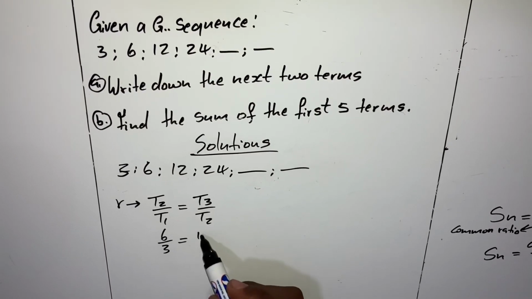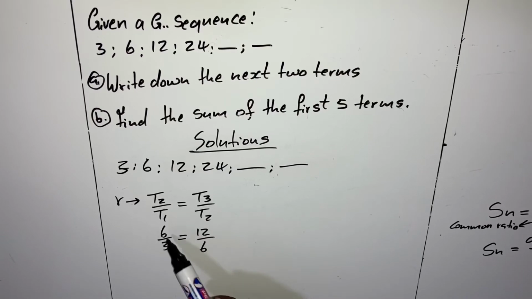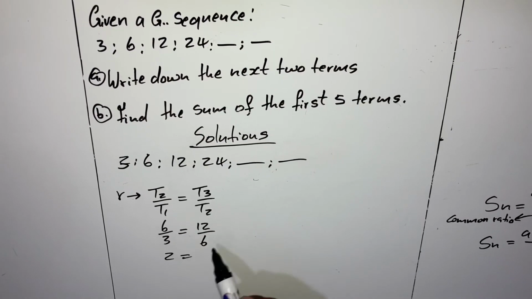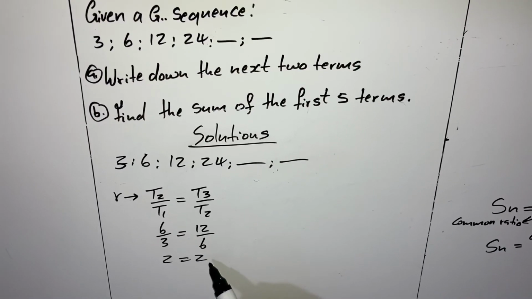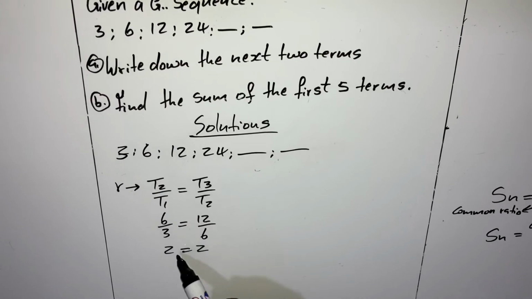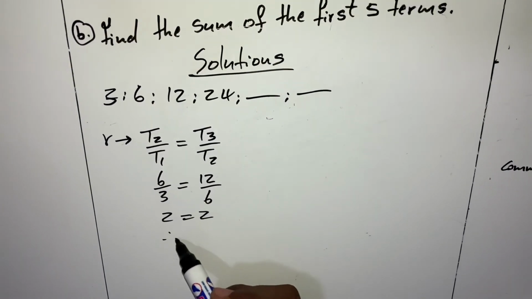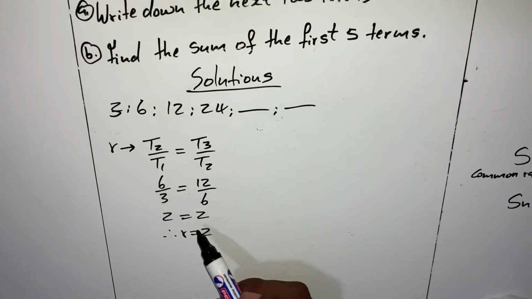Our T3 is 12 divided by 6. 6 divided by 3, you get 2. 12 divided by 6, you get 2. So now that we have our ratio, we conclude that our r is 2, which is our common ratio.